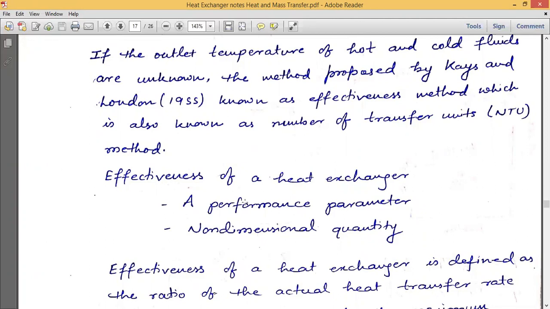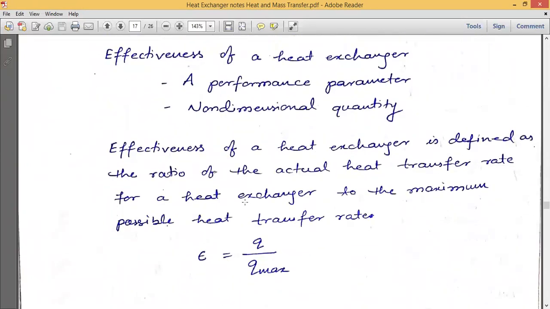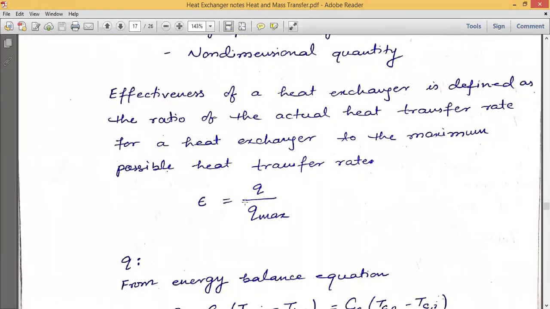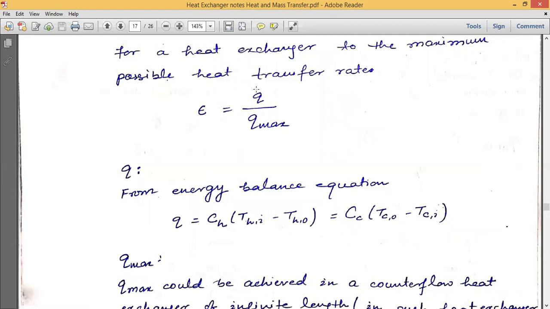Between these two, the effectiveness term is defined. So effectiveness is represented as epsilon, which is simply Q upon Q max. Q is the actual heat transfer and Q max is the maximum heat transfer that is possible for the heat exchanger.